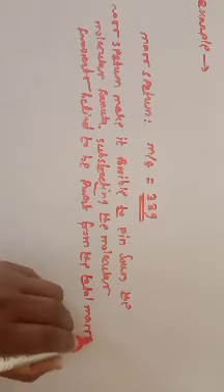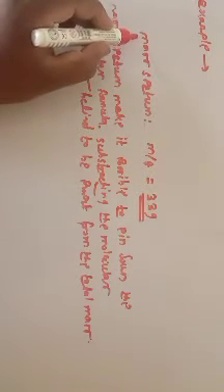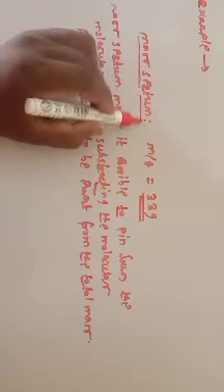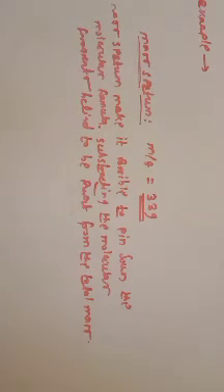The mass spectrum is given, and the m by z ratio indicates the mass of the product. So the total mass of the product is 339. After elimination of a single electron we get the molecular ion peak, and its mass to charge ratio, 339, is nothing but the total mass of the product.